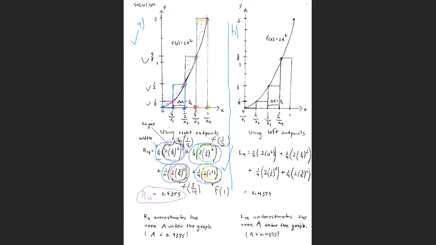So R sub 4 overestimates the area A under the graph. When I say area A, I mean the exact area from x equals 0 to x equals 1, which would be less than 0.9375.